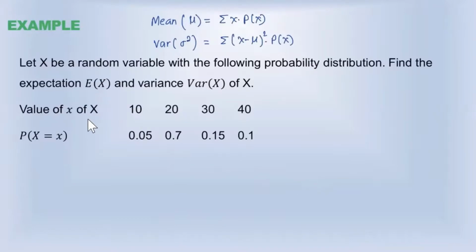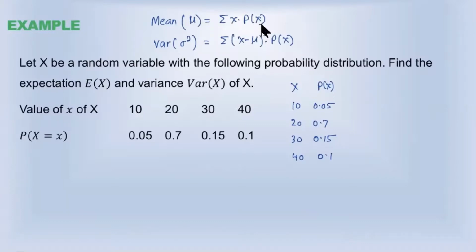First, let's make a table with x, which is already given to you: 10, 20, 30, 40. Then the probability of x is also there: 0.05, then 0.7, 0.15, then 0.1. That is your x and p of x. In the formula, in order to find the mean, we need x times p of x.